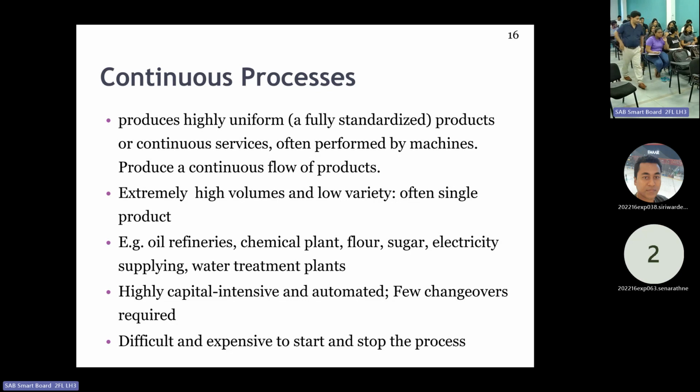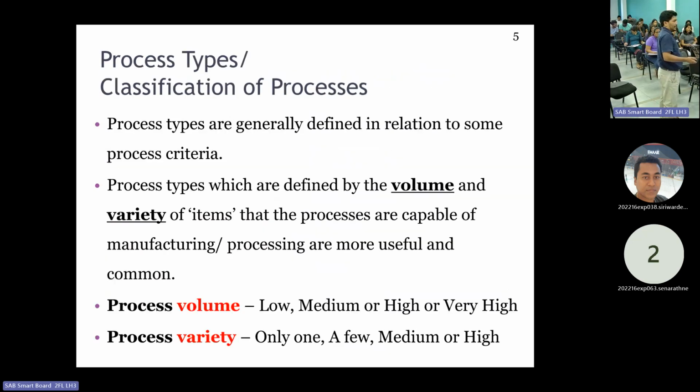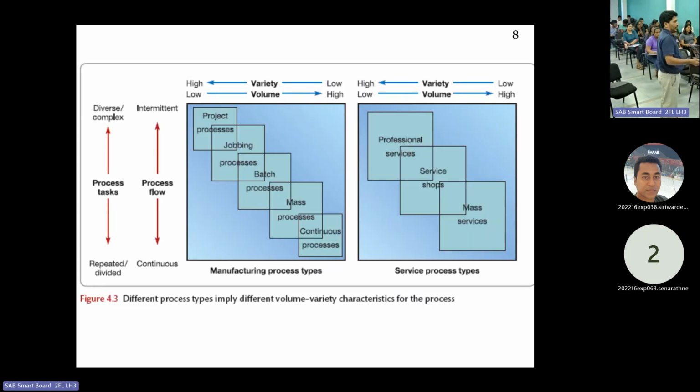That means you will easily understand this diagram when you know the differences between each process type, right? But at the outset, let me quickly explain. I like this illustration very much because it summarizes almost everything you should know.